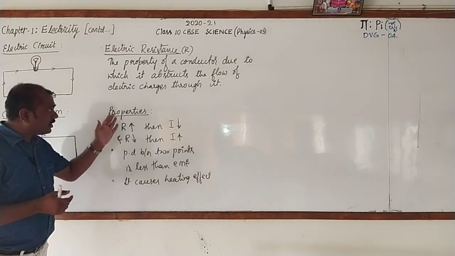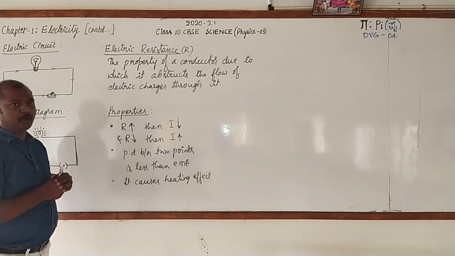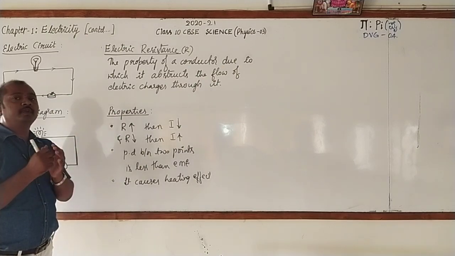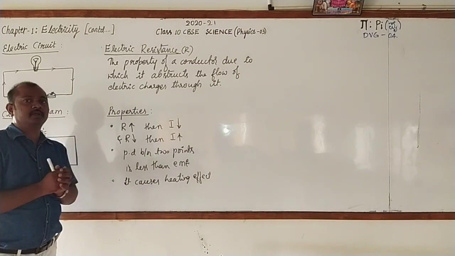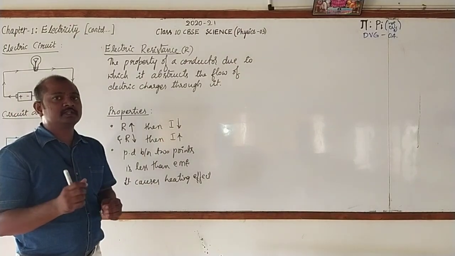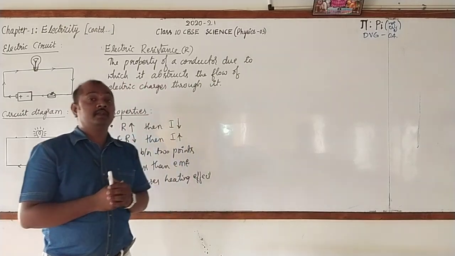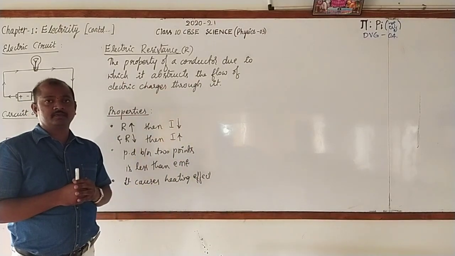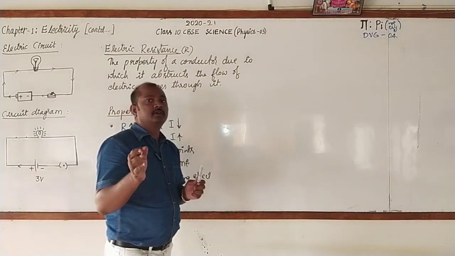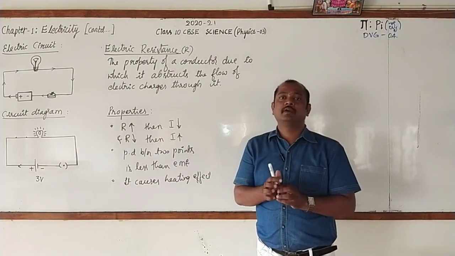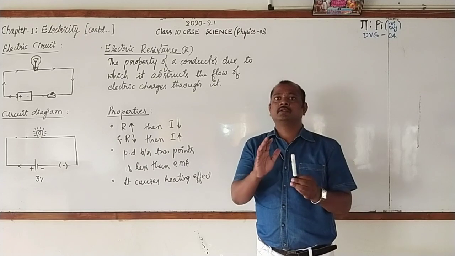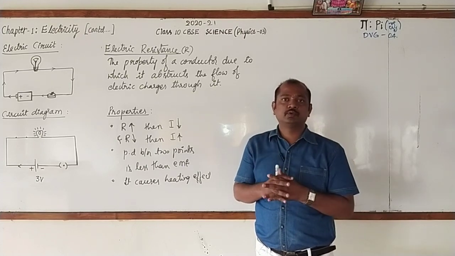Now, based on one of its properties, we can classify the material into different types: a good conductor, that is one which offers less electric resistance. If a material offers appreciable resistance, then we can say that it is also a good conductor.